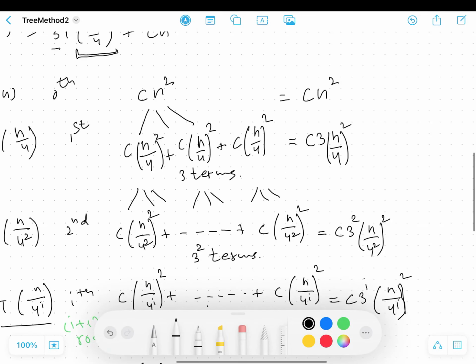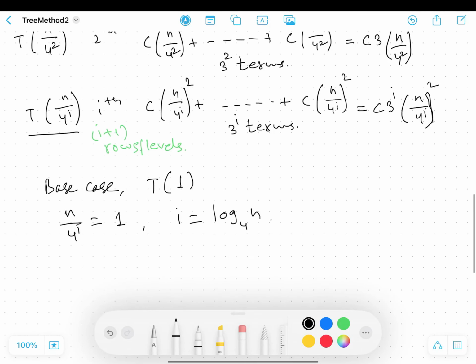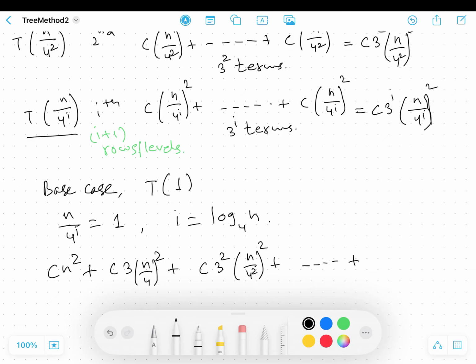The series is Cn square plus C3 n upon 4 square plus C3 square n upon 4 square square plus C3I n upon 4I square, right?